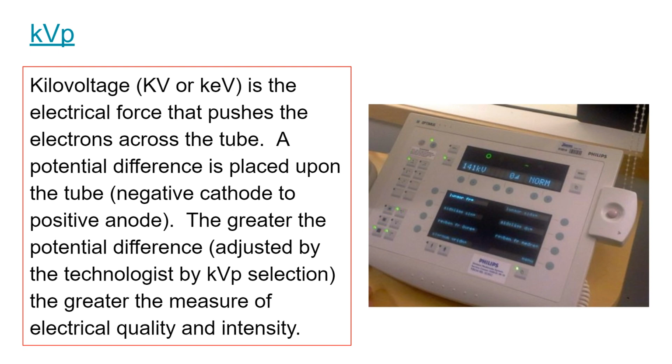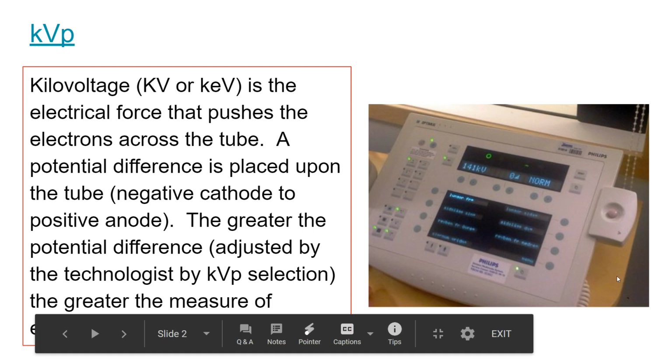So mass, when you go up in mass, let's just take a second. When you go up in mass, you'll get more electrons, which will end up giving you more photons. When you go up in KV, you will get more photons because you will have more interactions in the tungsten/molybdenum target, the anode.